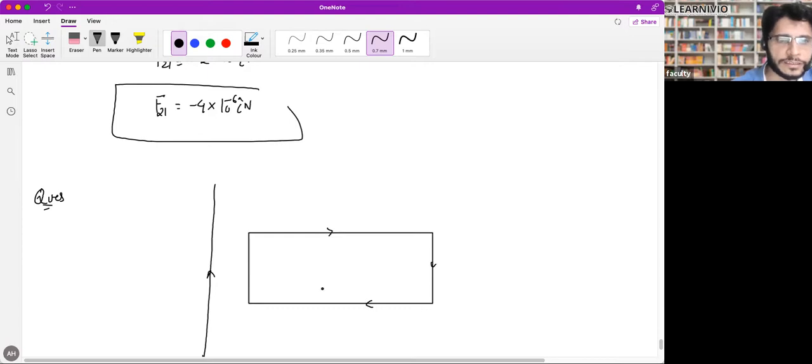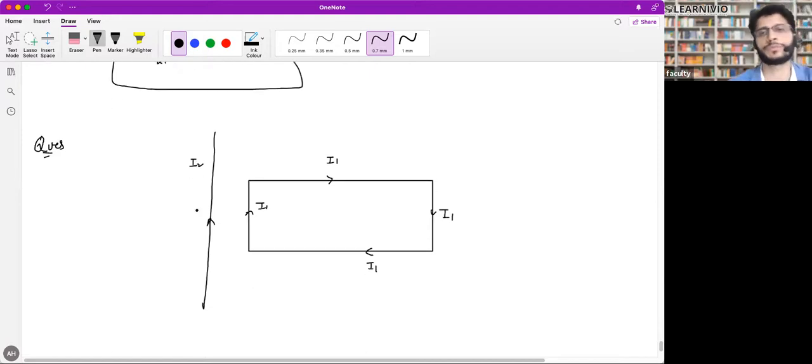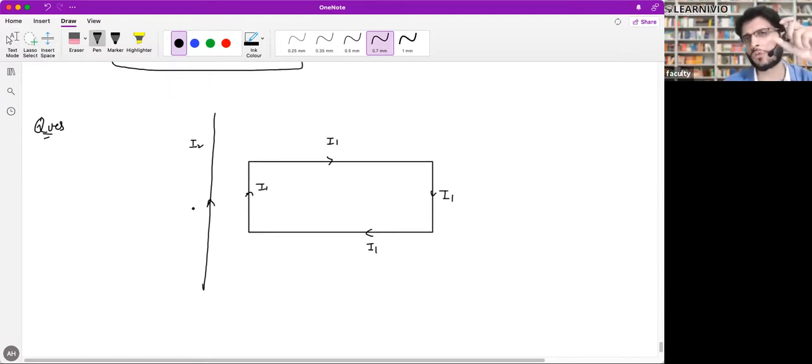This rectangle is carrying some current, let's say I1. And this is carrying some current I2. You're supposed to calculate the force on the rectangular coil due to I2.